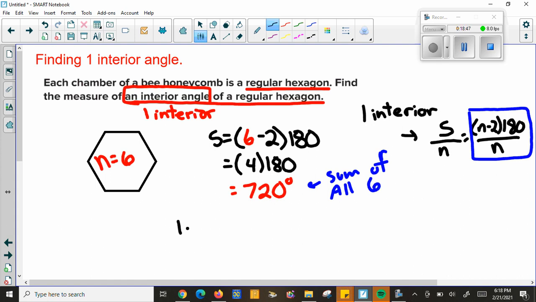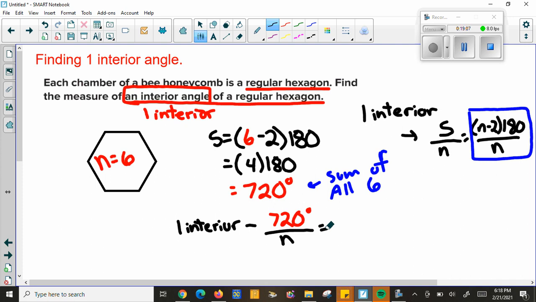For one interior angle, I will take the 720 degrees and divide it by the number of sides.